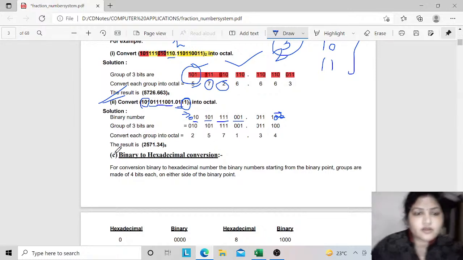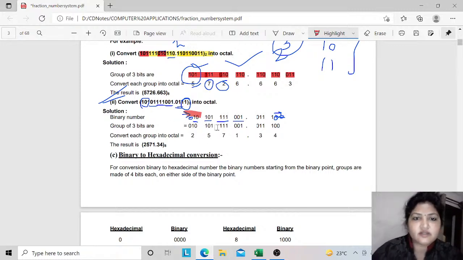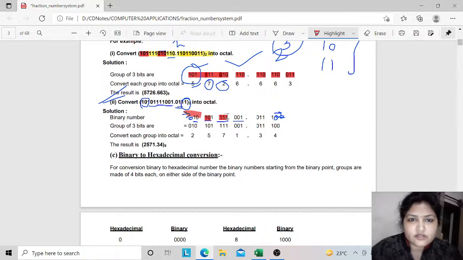Okay, so let us see in this part how it works. We have the padding of 3 digits, right? Then next 3 bits in one group, then next 3 bits in one group.